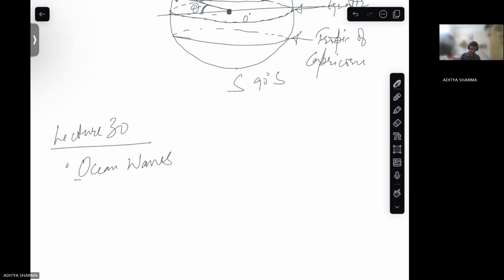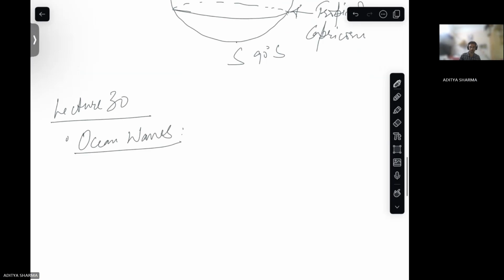Ocean waves. First of all, ocean waves have energy in the form of potential energy and kinetic energy, right?